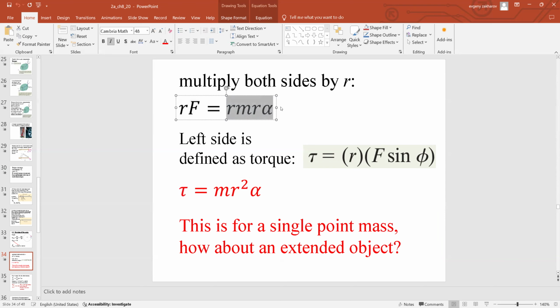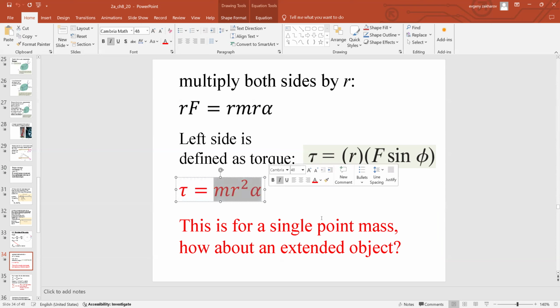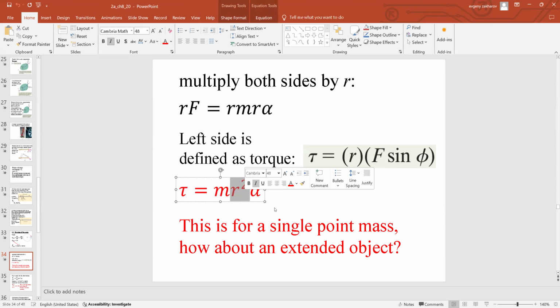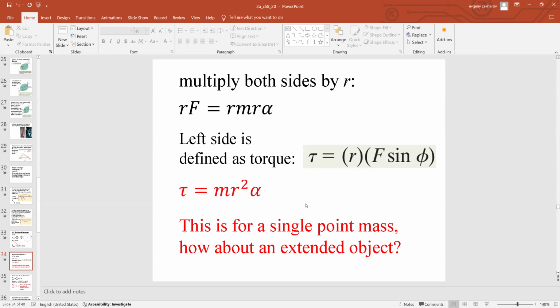And what we have on the right side of the expression is the mass, r goes squared, and alpha is still there. So this is your second Newton's law for a single point mass, which is at a certain distance away from the axis of rotation, multiplied by the change in angular velocity that this torque produces.